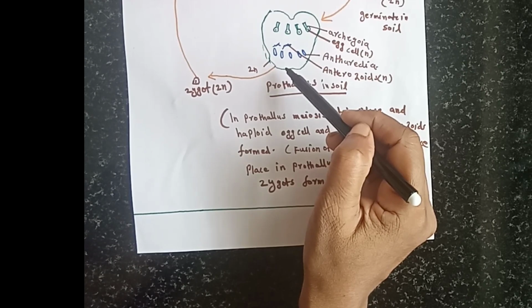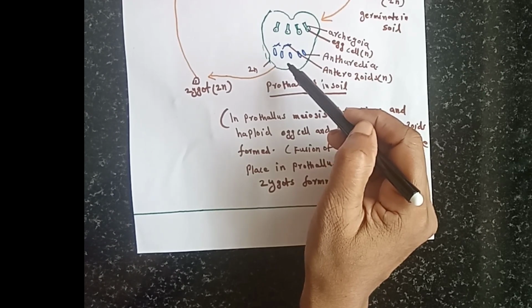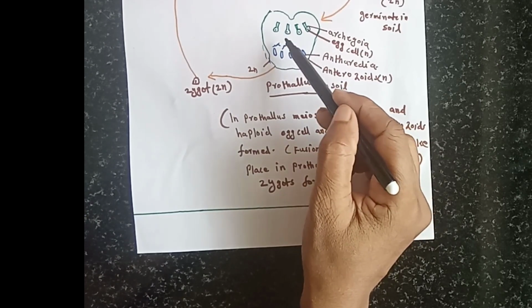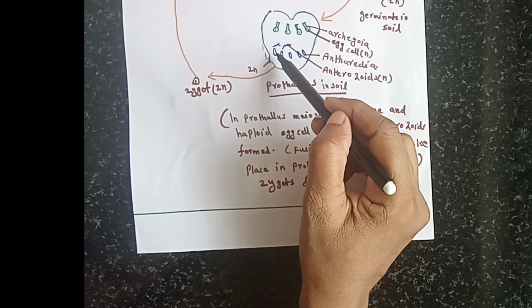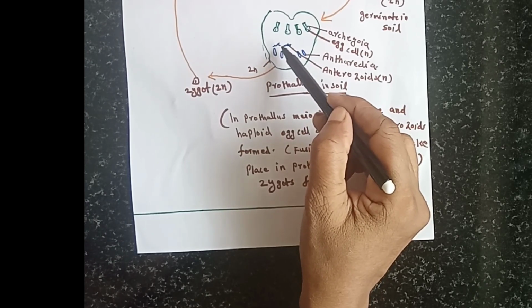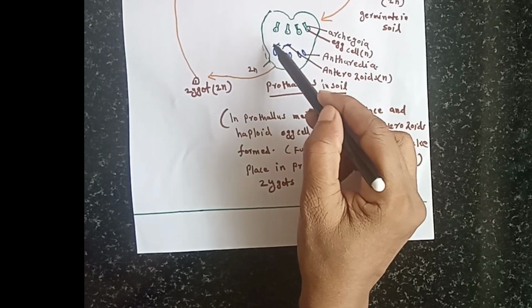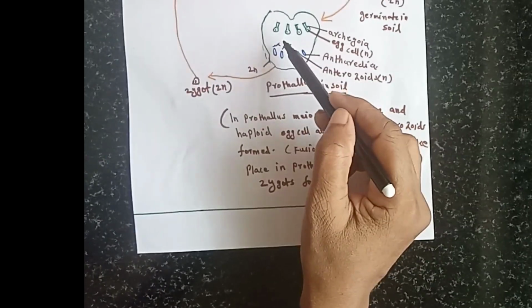Male and female gametes are formed in these sex organs. Zygote develops by fusion of gametes. The antheridia produce anthrozoids and egg cells are produced in archegonia. Fusion takes place inside the prothallus.